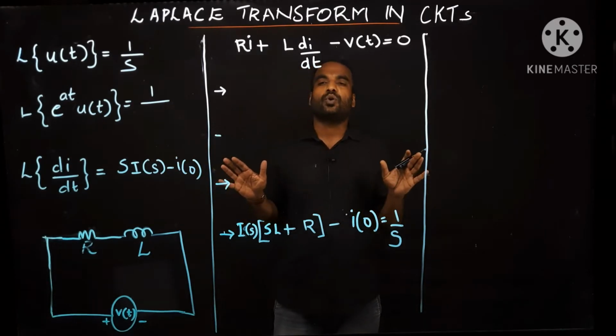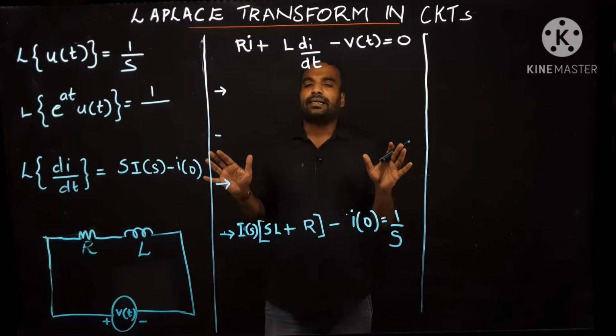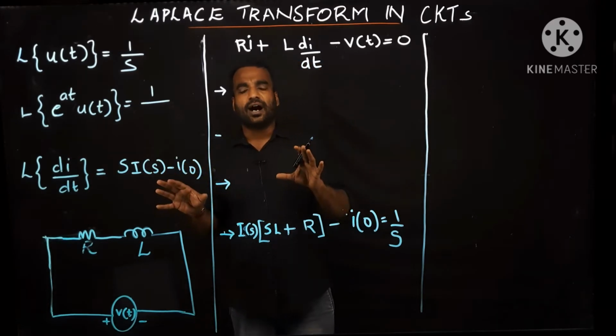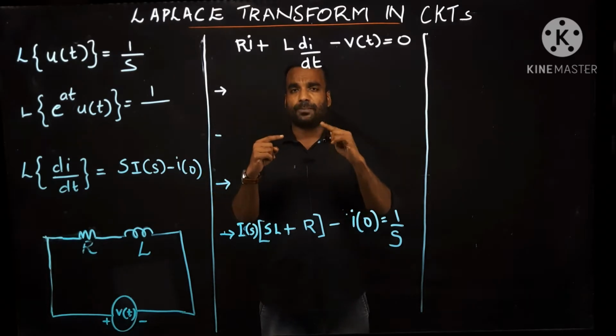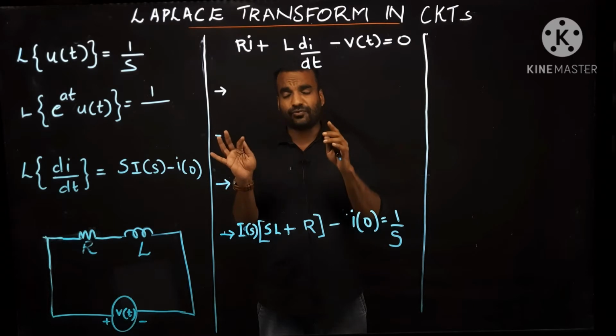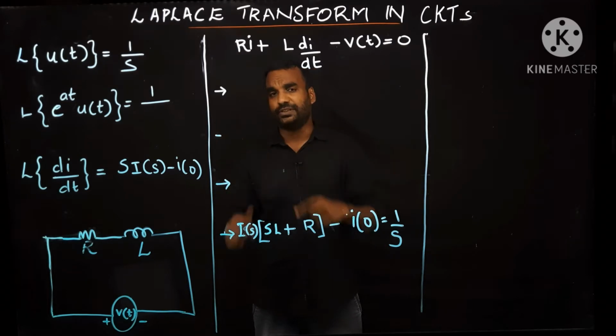So all of us know that in the last few videos we were discussing switching problems, where there exists a switch and at the instant t is equal to 0 the switch is closing.